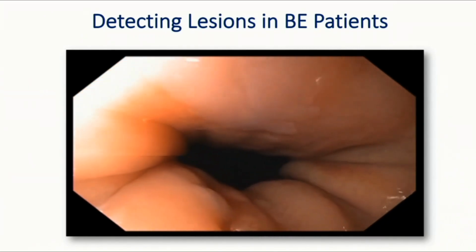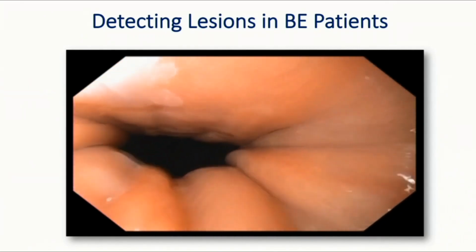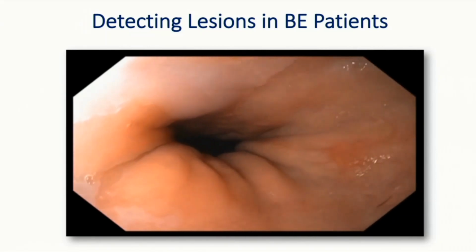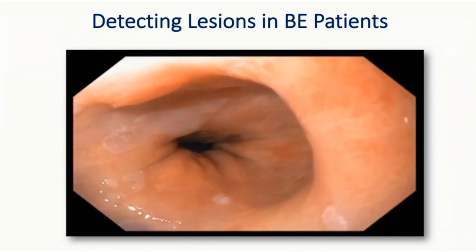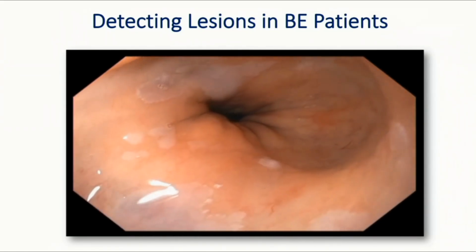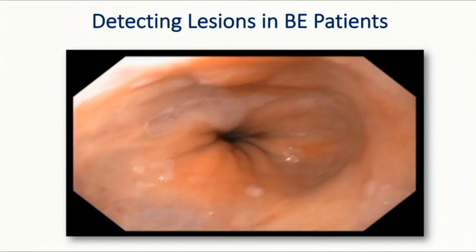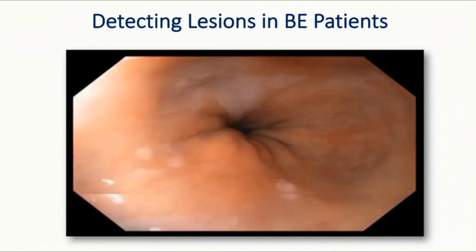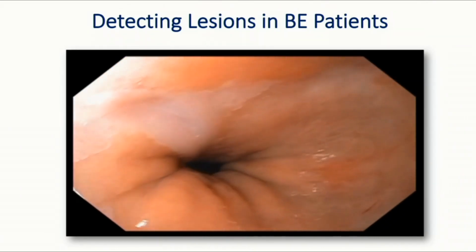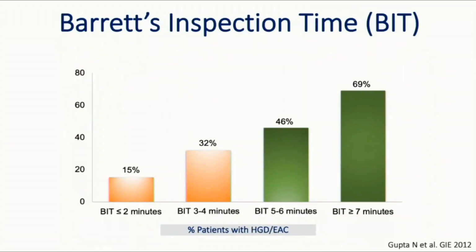You can see in this patient who was referred to us with low-grade dysplasia, as we are coming back slowly with the endoscope, there is an early adenocarcinoma at the 12 o'clock position right there. There was no mention of adenocarcinoma on this patient's endoscopy. Look how clean the esophagus is and what a careful withdrawal that is being done in this patient.